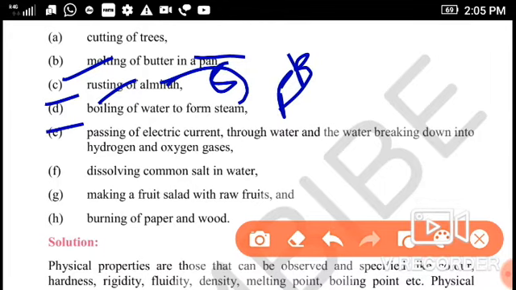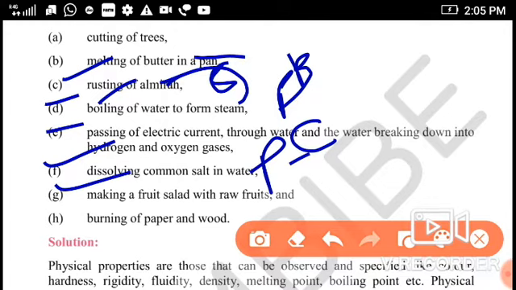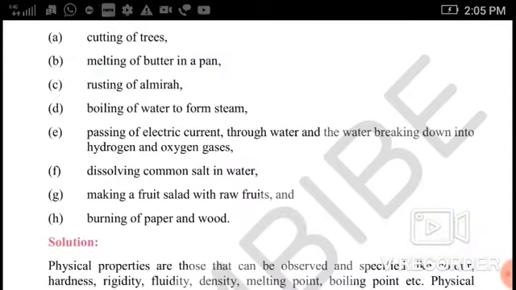Passing of electric current through water, which breaks down into hydrogen and oxygen gas, is a chemical change because a chemical reaction takes place. Dissolving common salt in water is a physical change because we can get salt back after evaporation. Making a fruit salad with raw fruits.